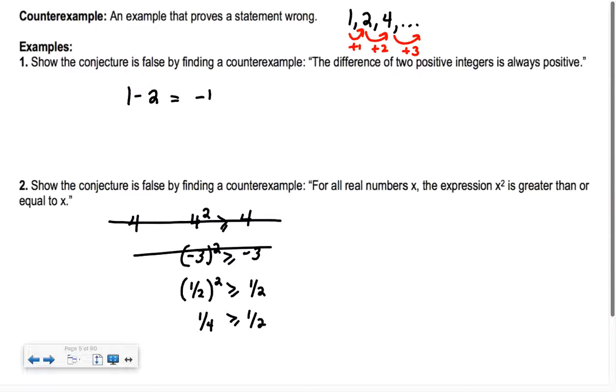No, it's not. So this is a counterexample. Okay, does that make sense? Sometimes you have to go through a process. You try several different things until you're like, oh, that doesn't work.